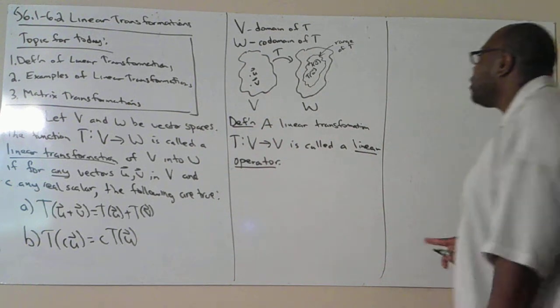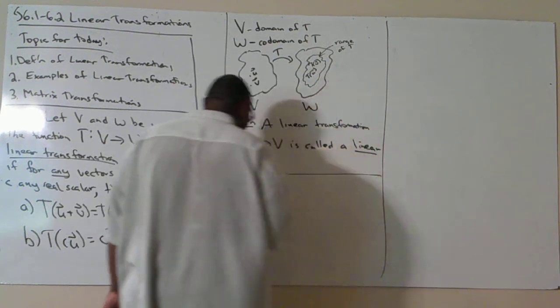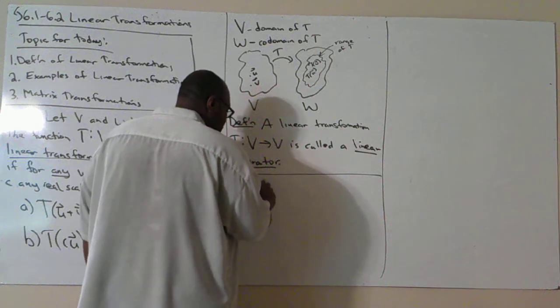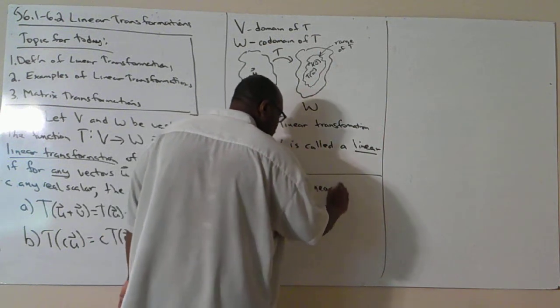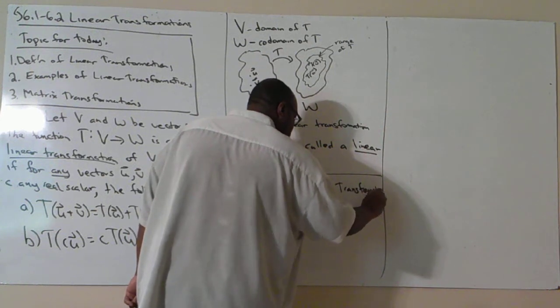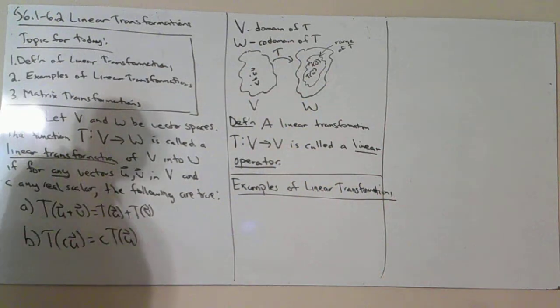So some examples of linear transformations that you have seen that are not matrix examples. I like to do these two examples.